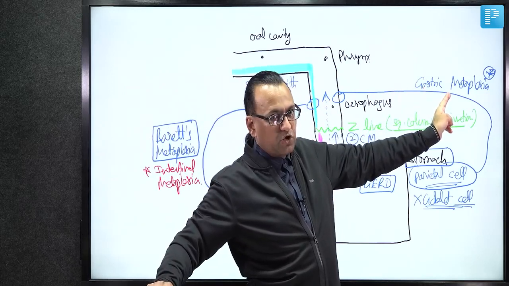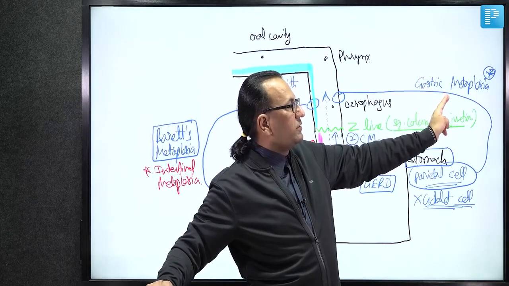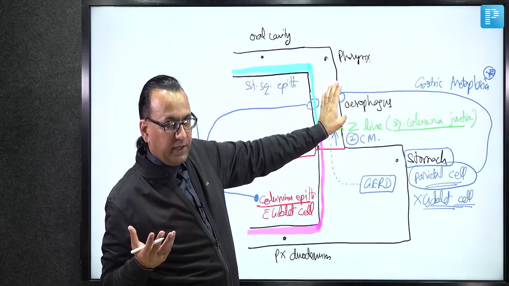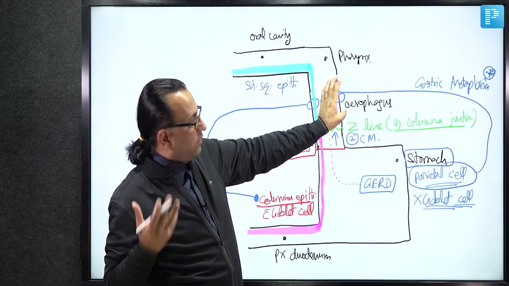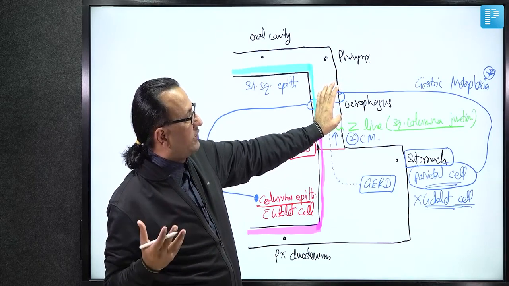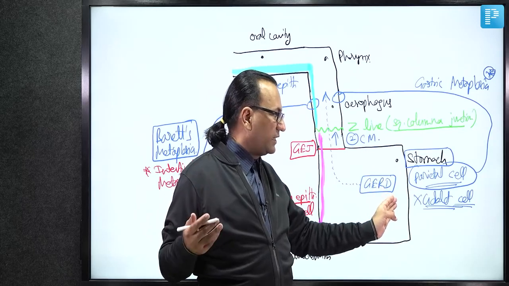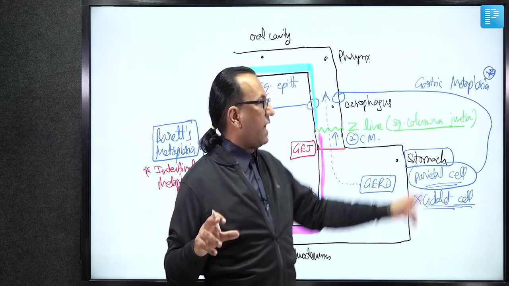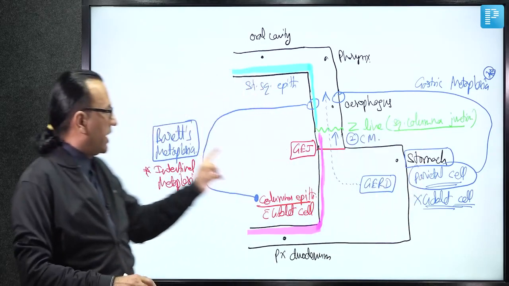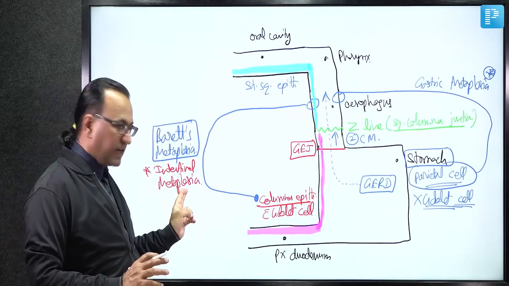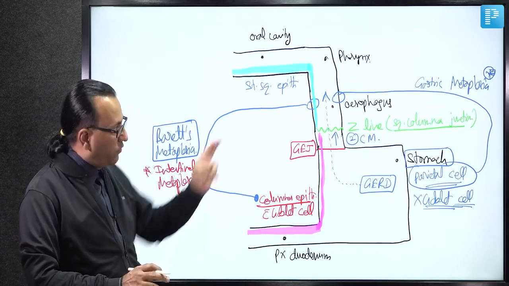So again, it is a misnomer, but it is being used by Gray's Anatomy. So it remains a controversy. Having parietal cell, so gastric metaplasia, but it cannot be gastric because it also has goblet cells, which normally are not present in the stomach. So my advice is, whenever there is a question having gastric metaplasia and intestinal metaplasia in the options, the first answer should always be taken as intestinal metaplasia, a preference over gastric metaplasia.